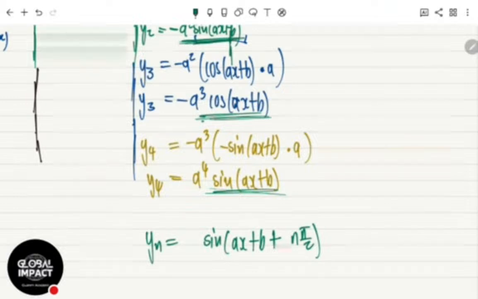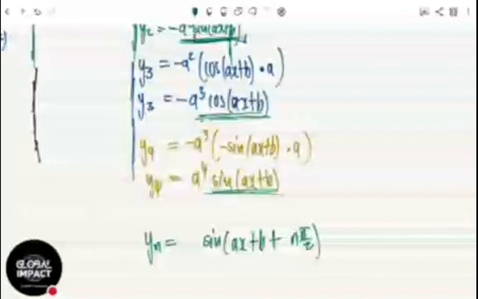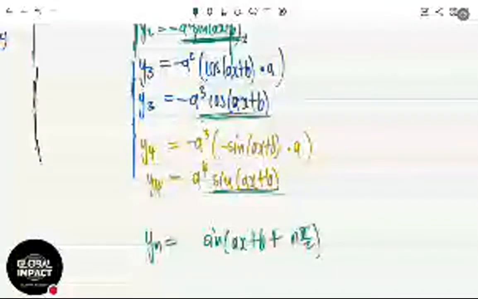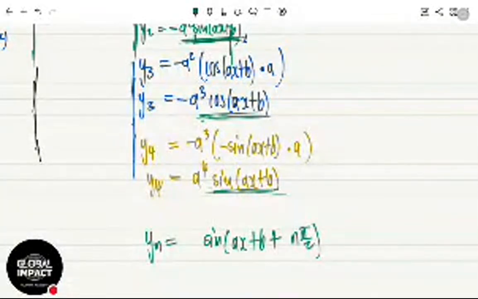This is the angle I change by every time I differentiate. My angle is going to move by pi over 2.